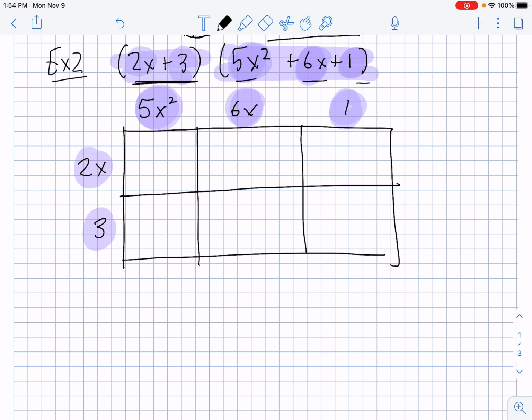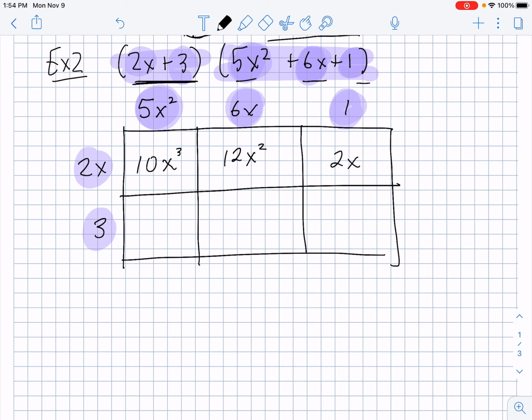So let's do that multiplication. 2x times 5x squared: x to the first power times x squared is x cubed, so 10x cubed. 2x times 6x is 12x squared. And 2x times 1 is 2x.